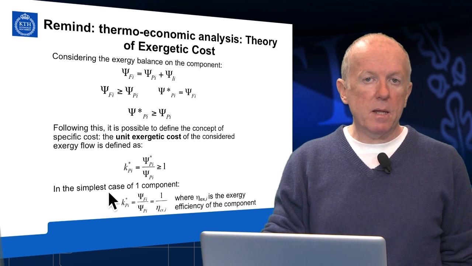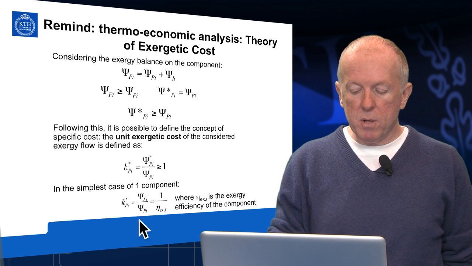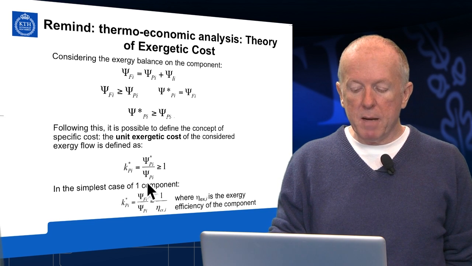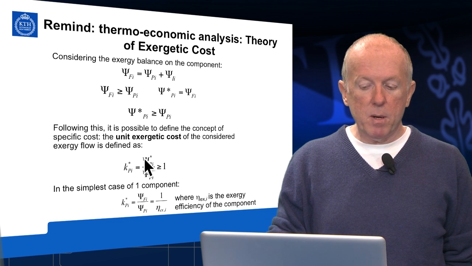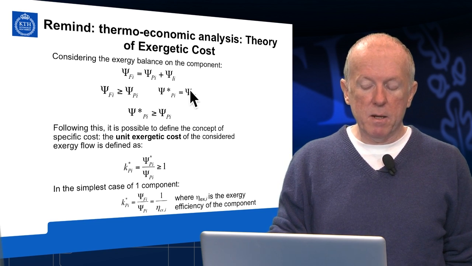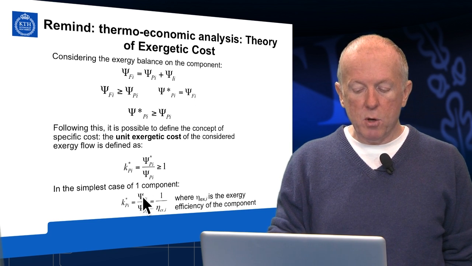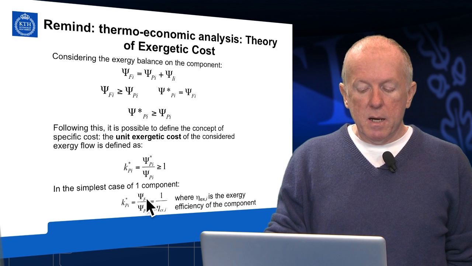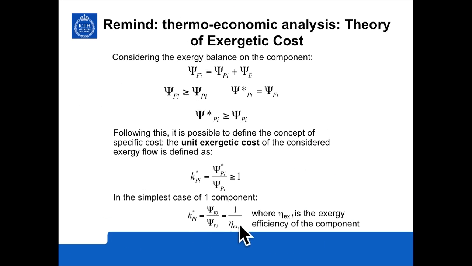In the simple case of only one component that we are dealing with now, you see that k*_P can be written in the following way. The ψ*_P, as you remember from the previous slide, is equal to the exergy flow of the fuel, ψ_F. So we put into ratio ψ_F with ψ_P, and it is nothing else than the reciprocal value of the exergy efficiency of the component.